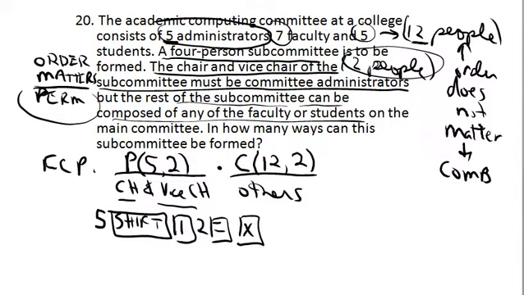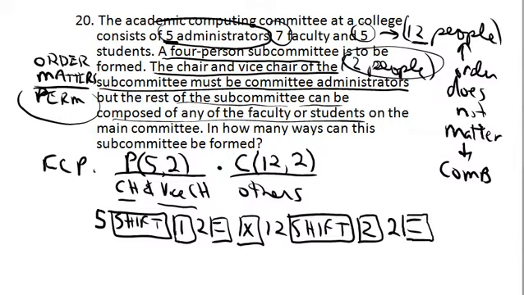Now combination is shift 2, so you do 12 shift 2, and then put in a 2, and then do equal. And if you do that, you will get that product, which comes out to be 1,320. So 1,320 ways to form that committee given those conditions.